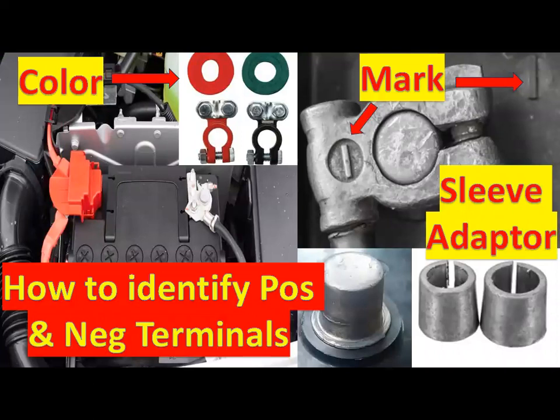Now I'm going to talk about how to identify positive and negative terminals. You could not go wrong with interchanging the positive and negative, because they have different sizes. The positive post is bigger in diameter compared with the negative post.